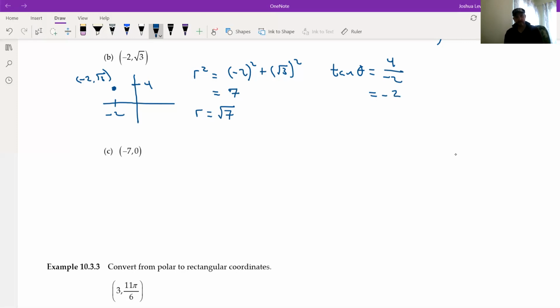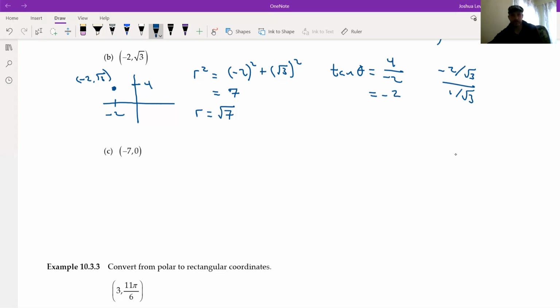And so where's that going to happen, right? I mean, really, you could think of that -2, if you want to think back to your trig, as -2 over √3 and 1 over √3, right?